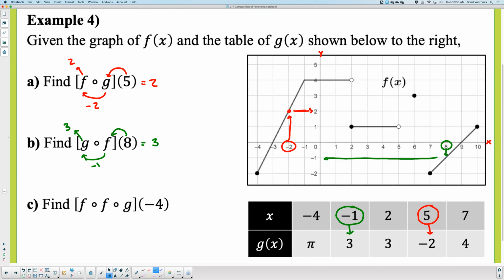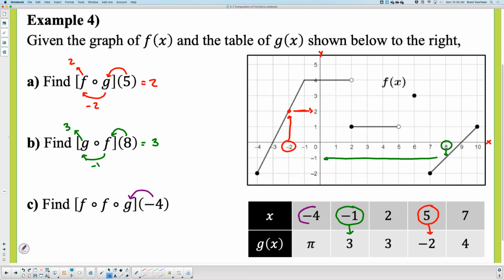So the answer is 3. I'm going to let you try one more, and I'm not going to guide you through this one as much. -4 goes into g.